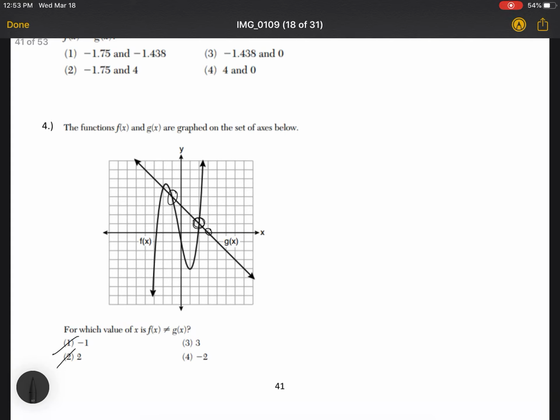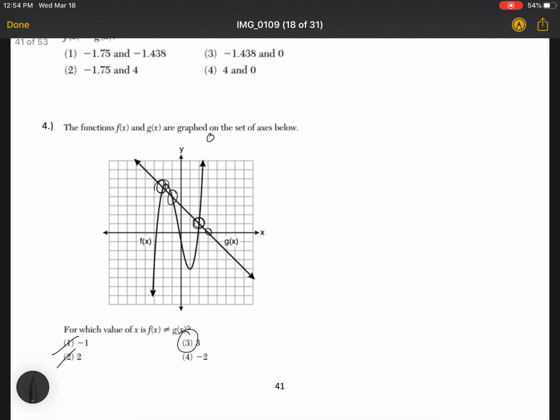Our line is here at 3, and our curved shape graph at 3 is going to be somewhere up here. So that is a place at which these two graphs are not equal. And then to go to choice 4, x value of -2, go to the left 2, and you'll notice that that also is an intersection point.